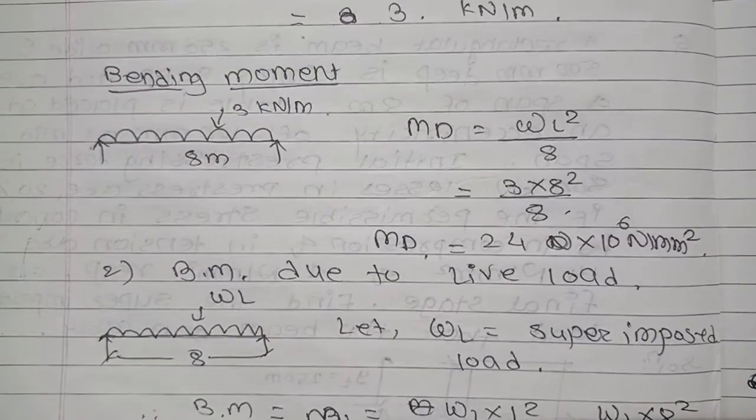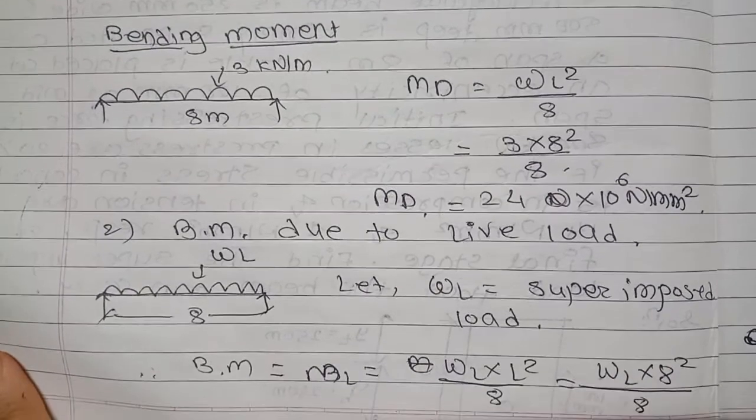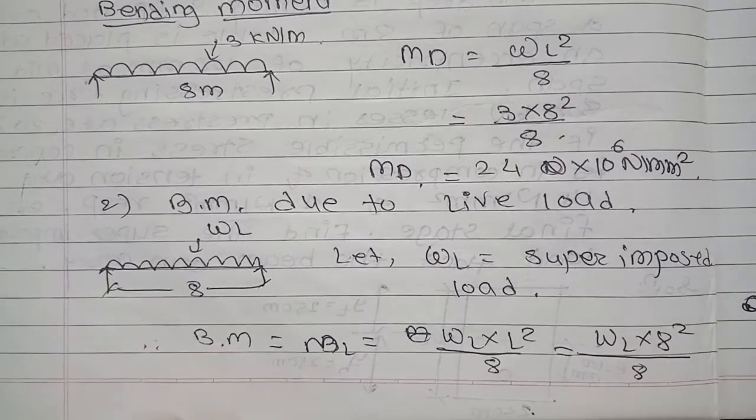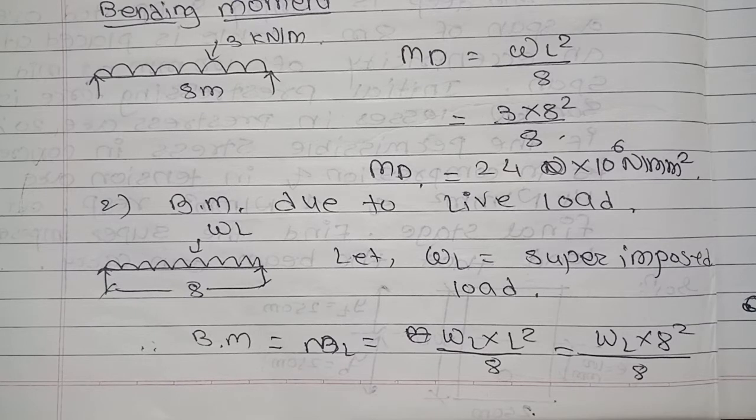Now find the bending moment due to live load. In this problem we have to find the superimposed load, meaning live load. That's why we don't know the superimposed load. Just write the formula WL square divided by 8. L is given, that is 8 meters square. That's why WL into 8 square divided by 8.